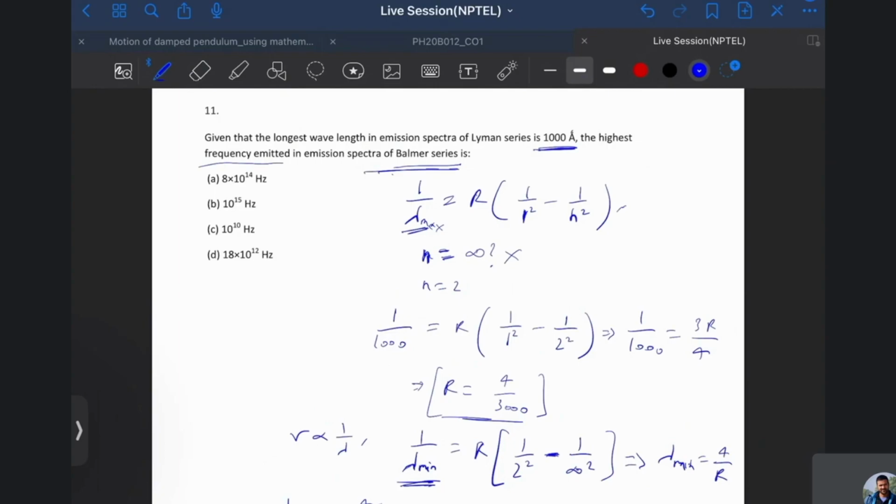But what we need here is the frequency. So how to change from wavelength lambda to frequency mu? This will be max, right?